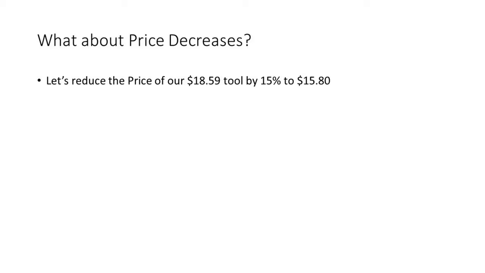Now, what about the case of price decreases? Does this work the same? Well, let's look at an example of where we take our price for the tool and we reduce it by 15% to give the new price of $15.80. The contribution is still $9.34 because we always subtract the variable cost from the original price to get the contribution.